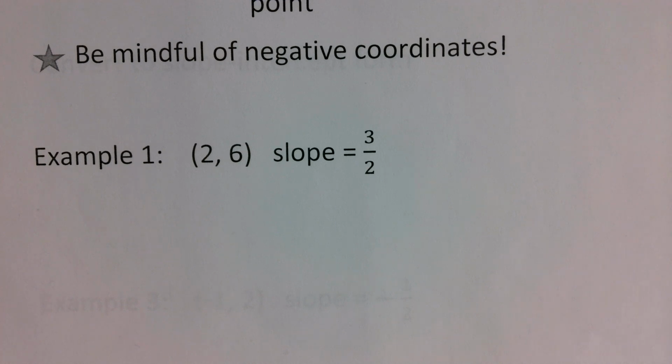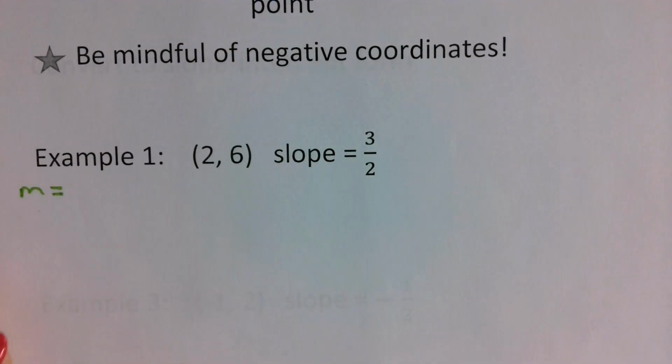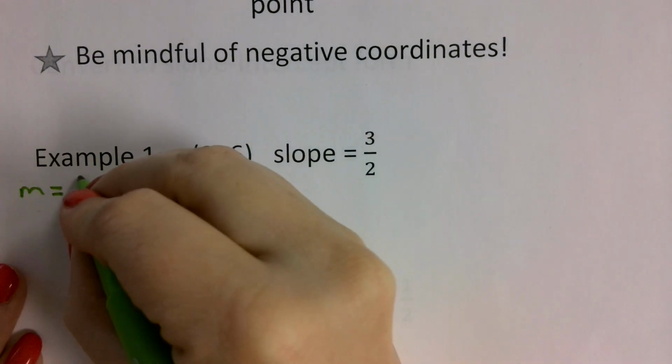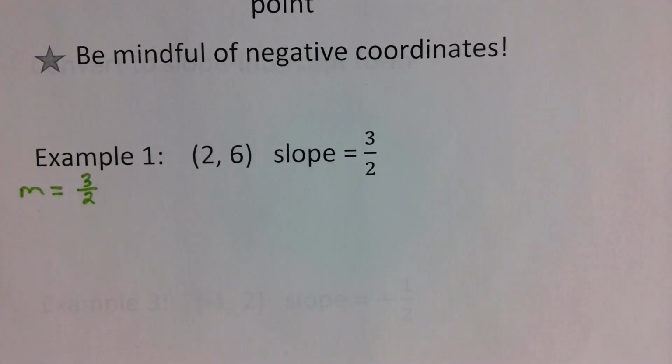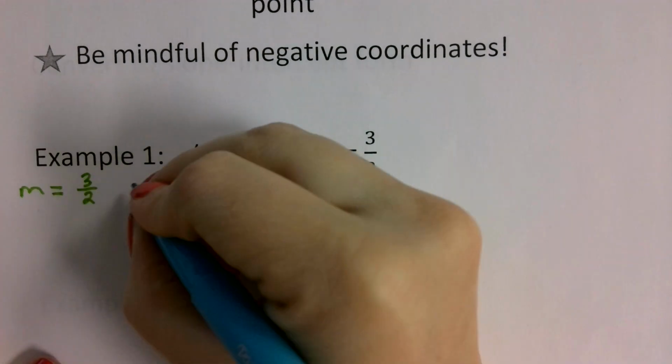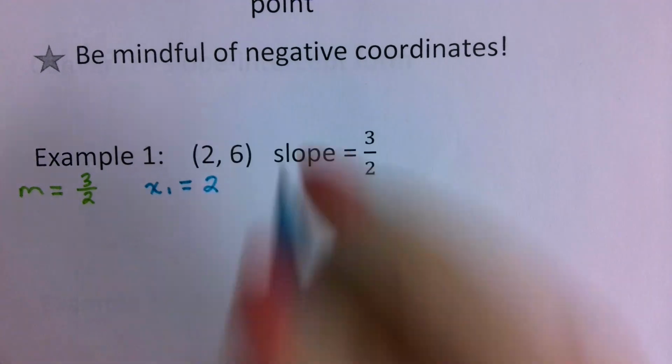So I want to identify what each of those variables is going to be represented as. So I know the value of m in my equation. I'm going to go ahead and replace it with the 3/2. I know wherever I have the values x1 in my equation, I'm going to replace it with the value 2.